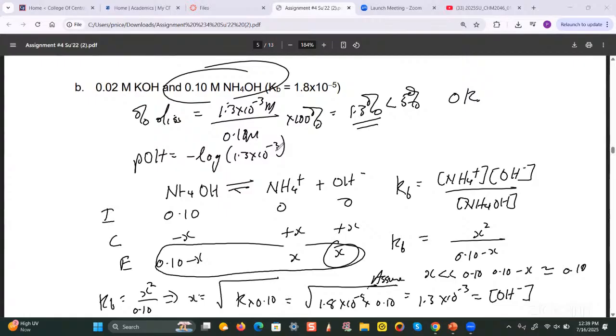Minus log, okay, so we have 2 sig figs, so this should be 2 decimal places. I got 2.89 as a pOH. And then what? Subtract that. So pH is equal to 14.00 minus 2.89, and according to my calculation, this works out to be 11.11. And that would be the pH.